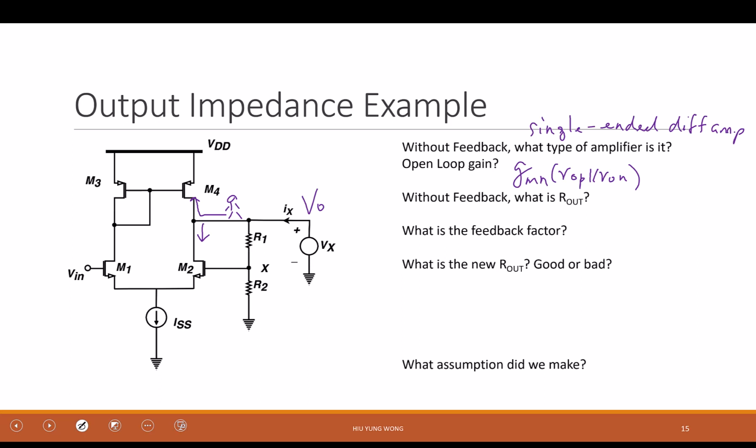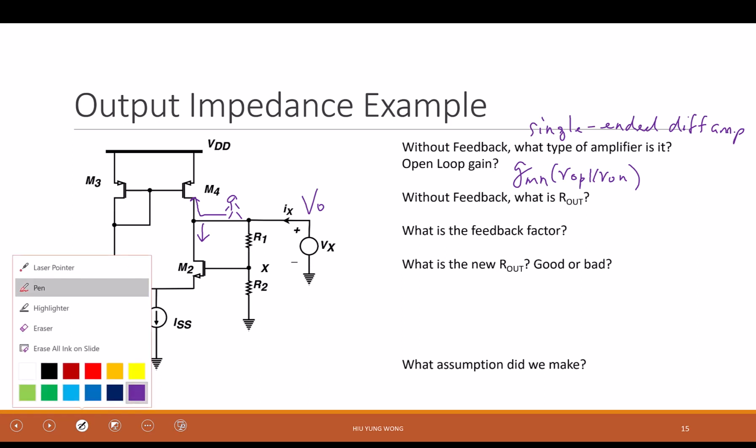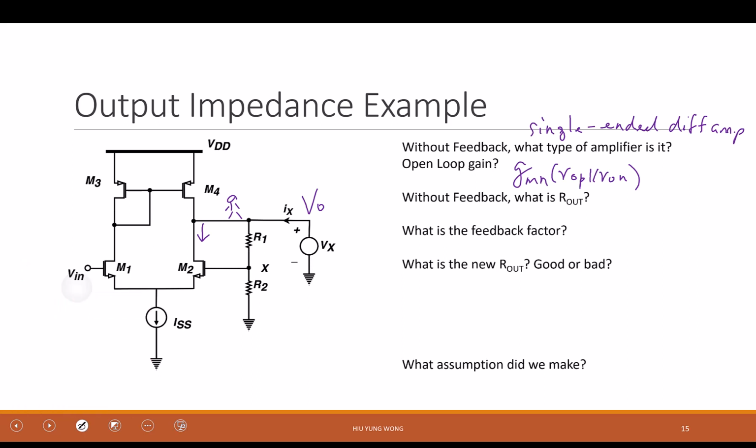It is actually a little bit complicated. You need to derive it a little bit, right? But it is good enough just to make an assumption. But we already discussed this earlier. Looking up, what do you see? Is it the drain of M?